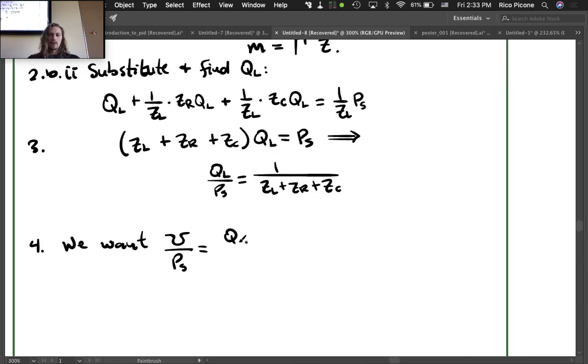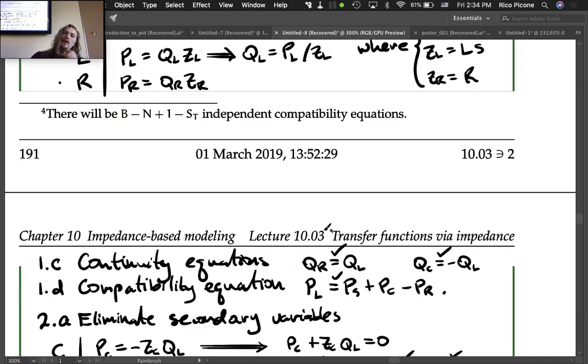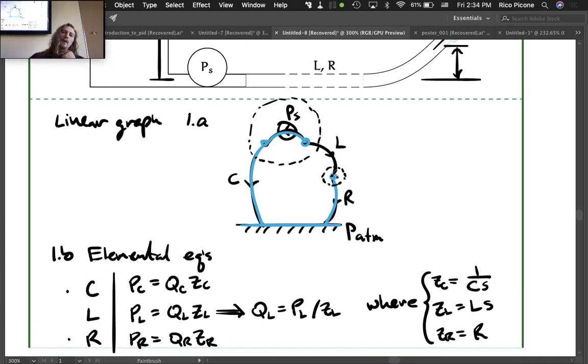Is it QR or just Q? Well, we haven't defined something called Q, so we had to choose some flow rate, some element. I chose R. We could have also said QL. It's the same. All of these flows are the same, except there's a negative sign on these earlier ones, on C. If we had done QC, we would have had to take a negative sign on it.